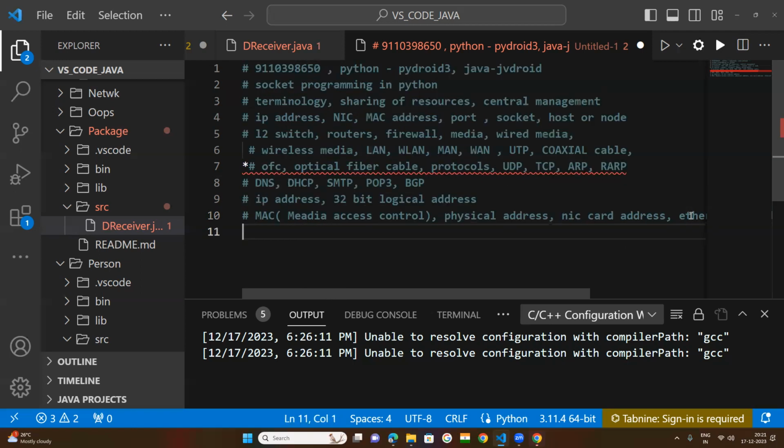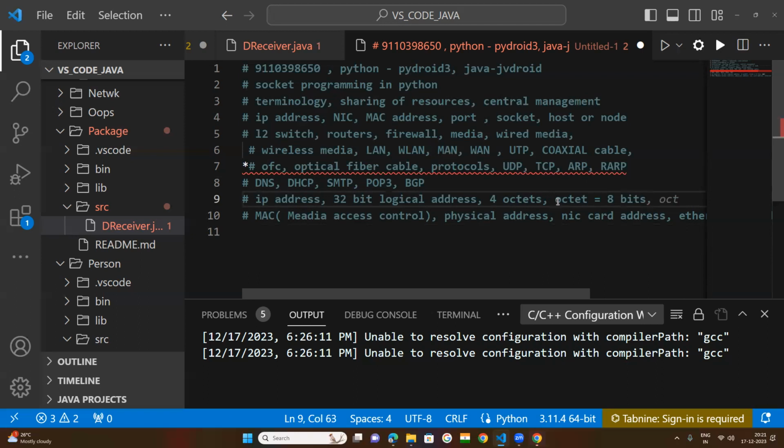Now first of all, let me explain IP address. A 32-bit logical address means this address can be changed. The 32 bits means it has 4 octets. Every octet has 8 bits.